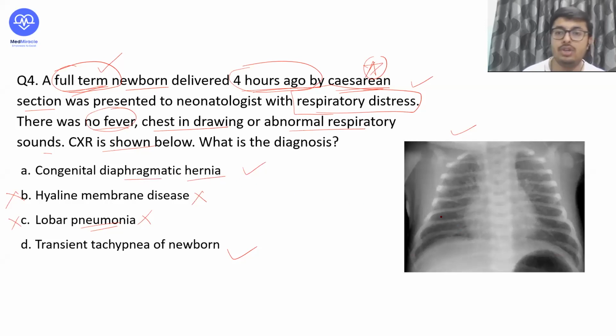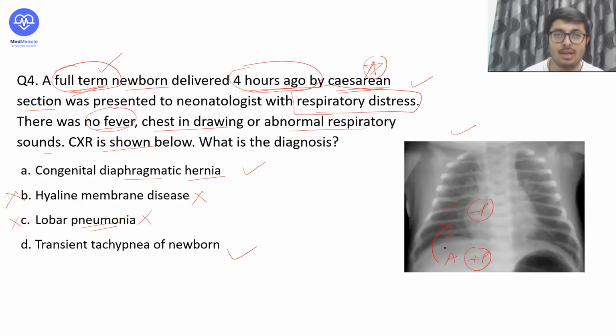The diaphragm separates the abdomen from the thorax, and obviously the abdomen has positive pressure while the thorax has negative pressure. So the contents will herniate from the high pressure region to the low pressure region, from abdomen to thorax.